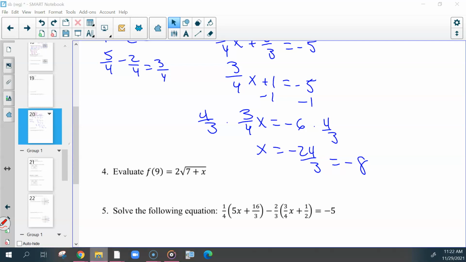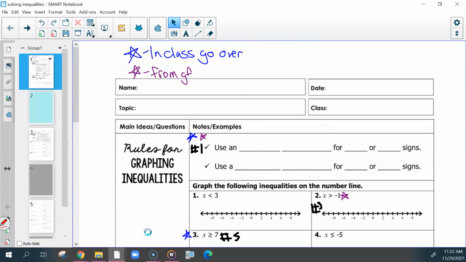So this next unit we're going to do is on inequalities. A lot of the stuff we do in this unit is going to be similar to things we've already talked about, but with a small twist. When we are solving inequalities, how we solve equations will be very similar, just with slight differences in how we answer them.